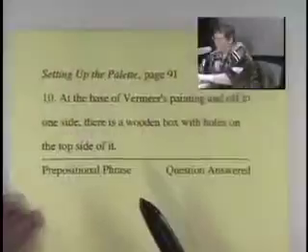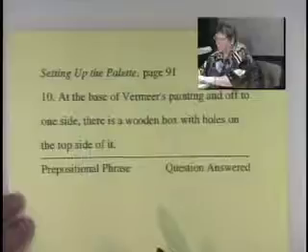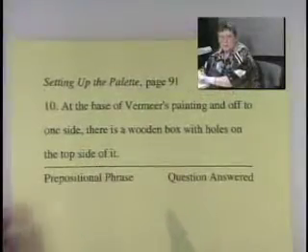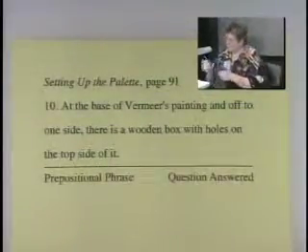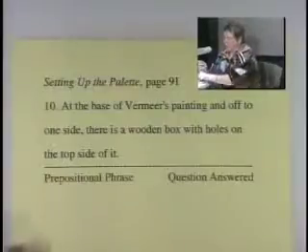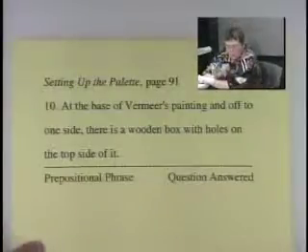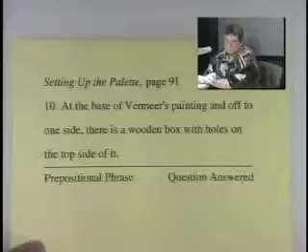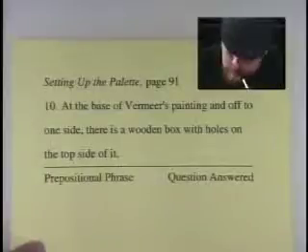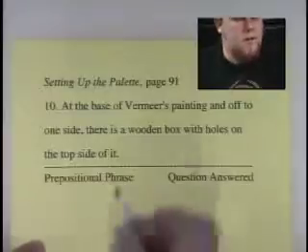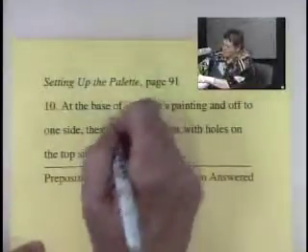At the base of Vermeer's painting and off to one side, there is a wooden box with holes on the top side of it. Ben, where's the subject of this? No, I cancel my question. I want the verb. There is? Just one word, nail it, the verb only. There? No, is. It's got to be is. Get 2 lines under is, get a V above it.